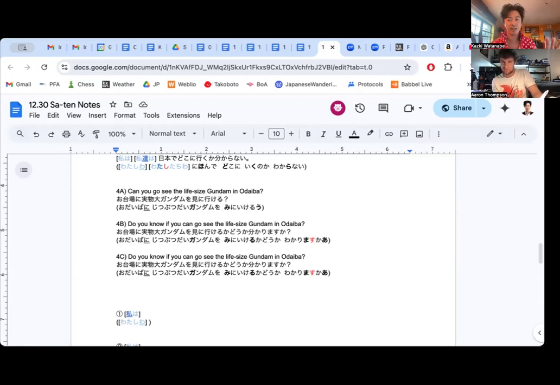First finish saying that word and then add on the extra vowel, which is going to be a u, right? 行ける. So the first part doesn't get affected at all. That's true with all the other verbs or other words as well.